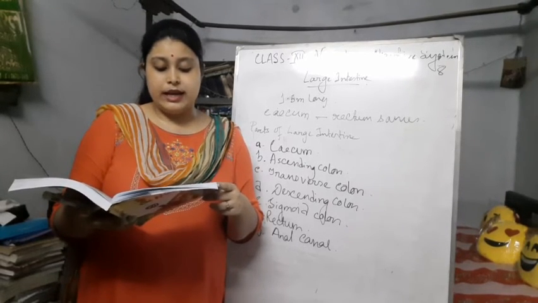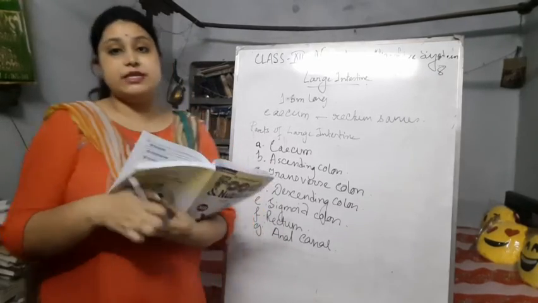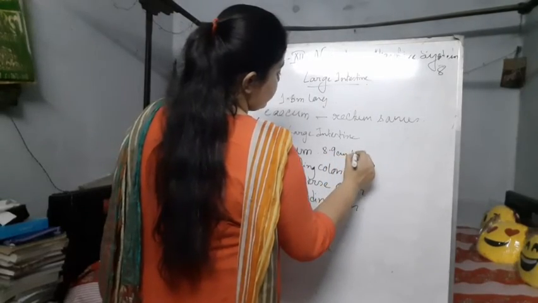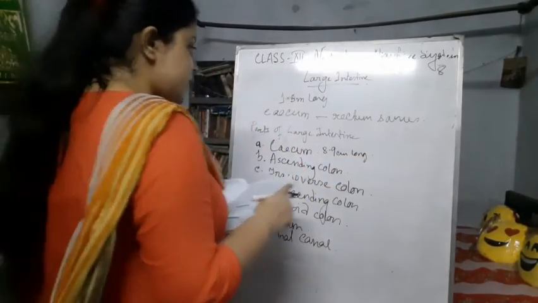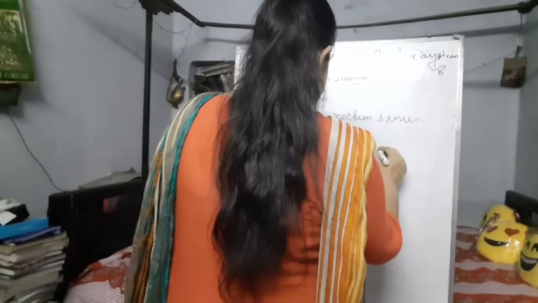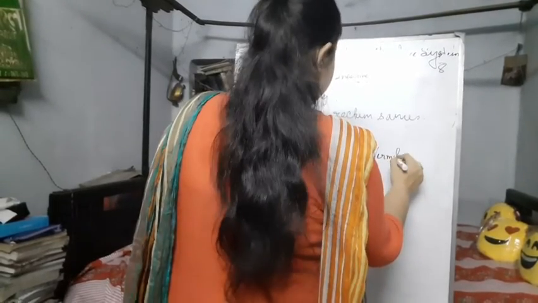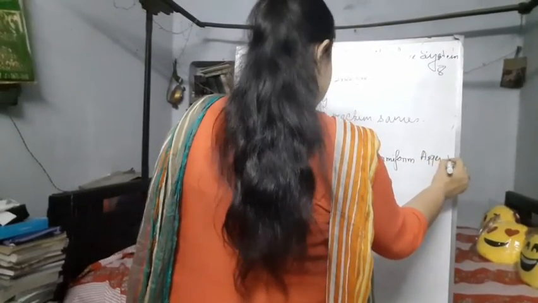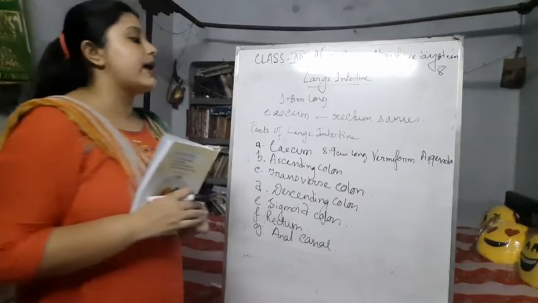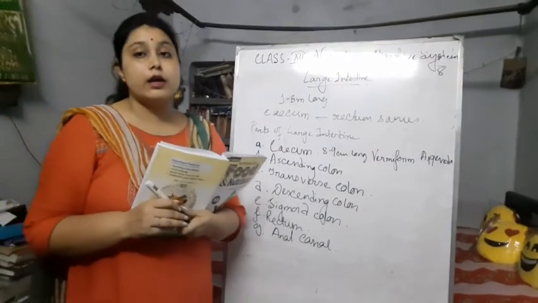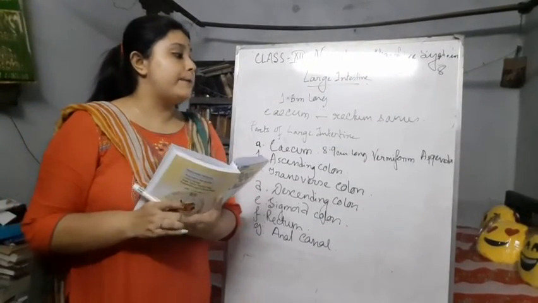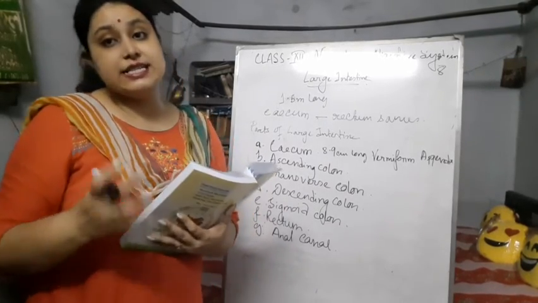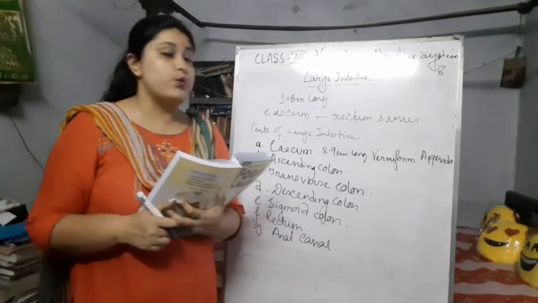It is usually about 8 to 9 centimeter long. The appendix is actually not working now, because the vermiform appendix used to help to digest the cellulose, but now it is not working in our body.